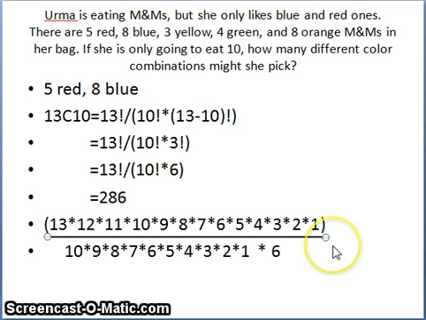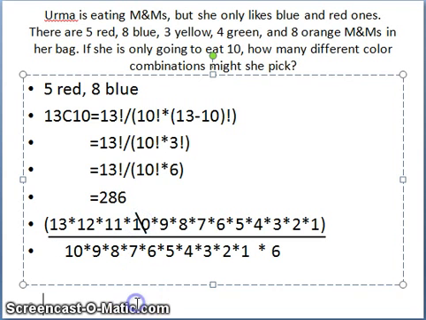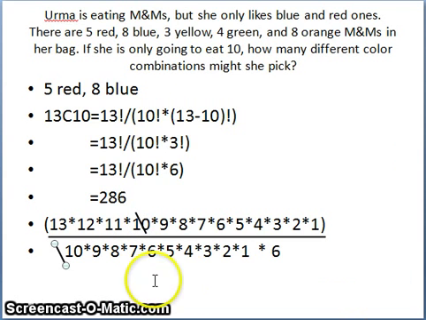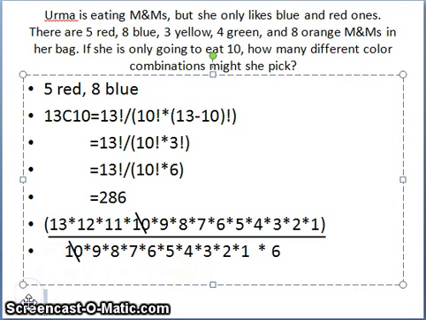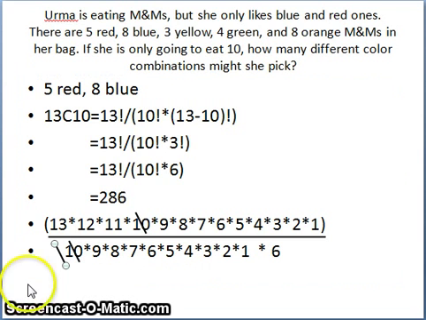Okay, so if I'm going to divide this, something else I can do is I can actually cancel. So I'm going to show you what I mean by that. I've got a 10 on top, so I'm going to cross it out, and I have a 10 on the bottom, so I'm going to cross that out. See, I'm canceling them. And then I have a 9 on top and a 9 on the bottom.